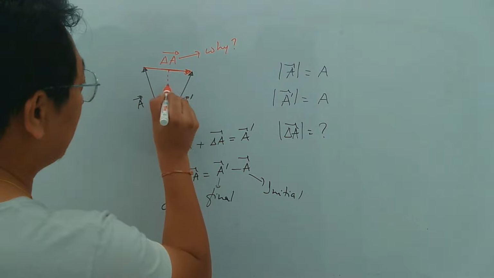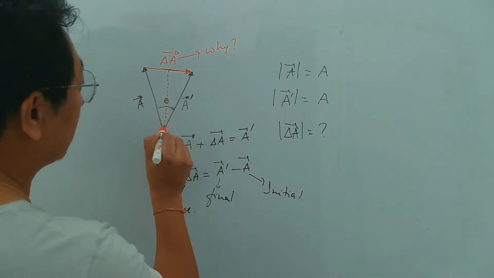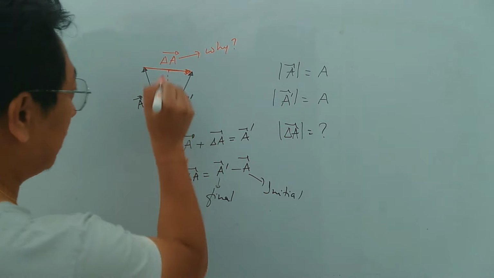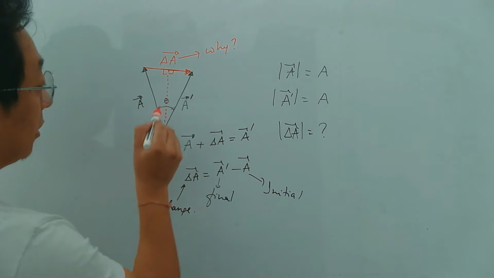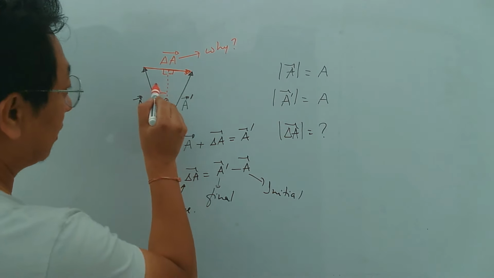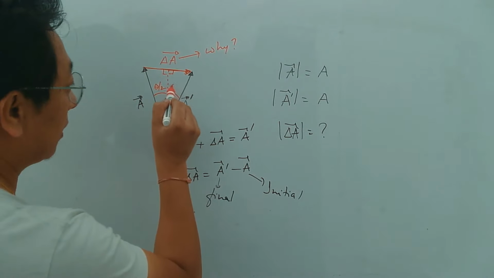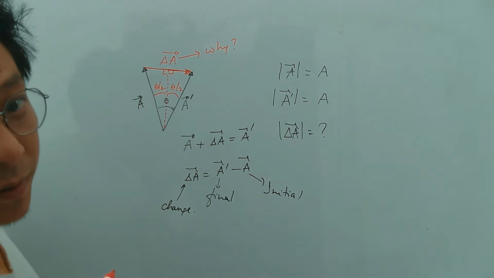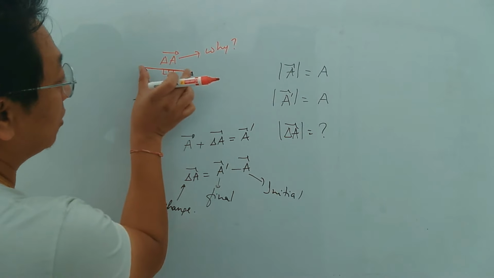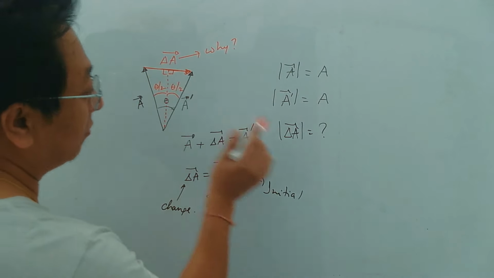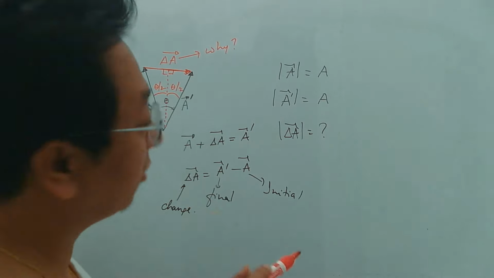How? Divide this whole triangle into two equal right angle triangles. Now if this angle was theta, this angle will be theta by 2, and this angle will be theta by 2. Remember, I want to know the magnitude of this vector, so I want to know this length. The length of the vector is the magnitude of the vector, don't forget.